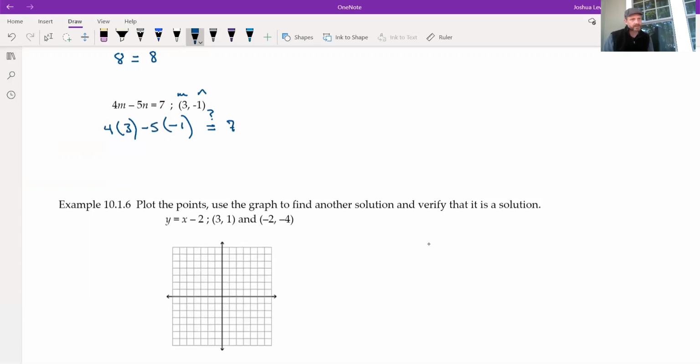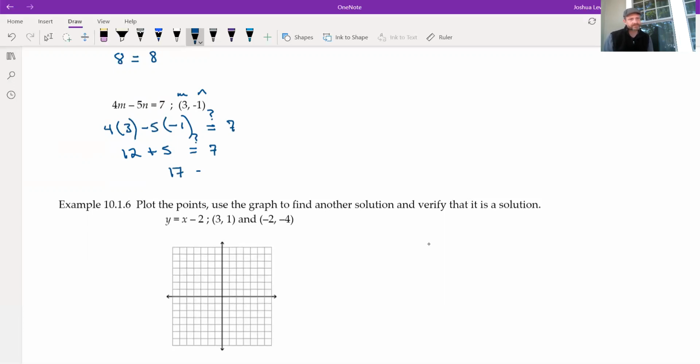Well, let's see. 4 times 3 is 12. And then minus 5 times negative 1. That's 5 times negative 1 is negative 5. So minus a negative 5 is going to make this plus 5. Well, what's 12 plus 5?